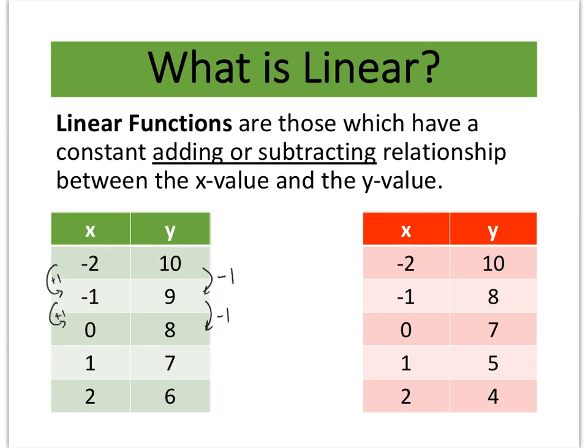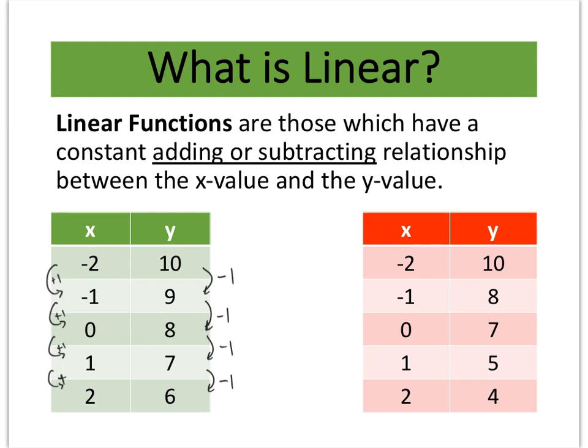And if I look at the whole table, you will see that it is very, very consistent. X goes up by 1, y goes down by 1. And this relationship is functional, it is linear, because it is a constant adding and subtracting, and it happens the same every time. That relationship is the same.